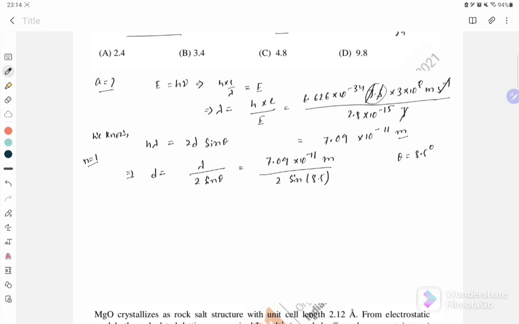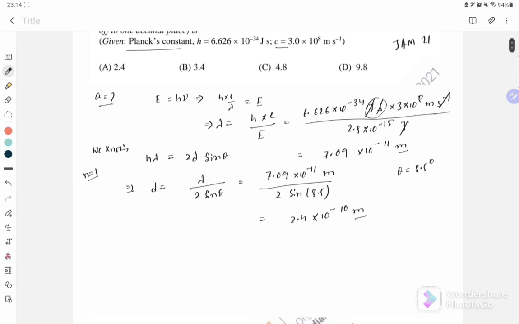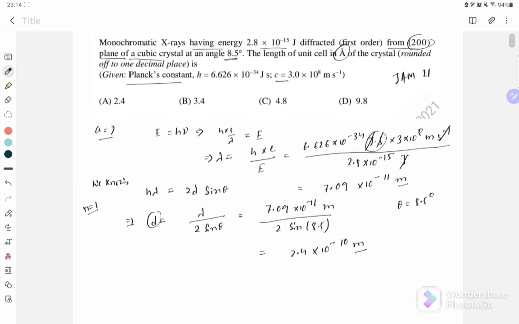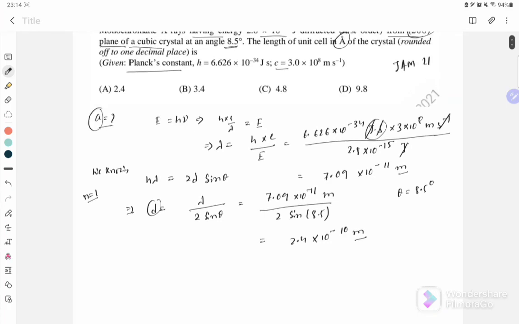If we calculate this, we'll get 2.4 into 10 to the power minus 10 meter. This is d. So from this we can calculate our unit cell length.